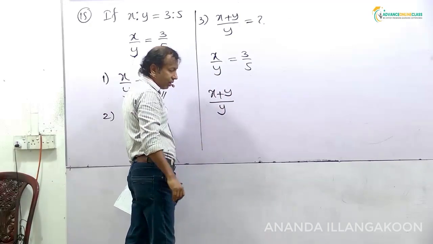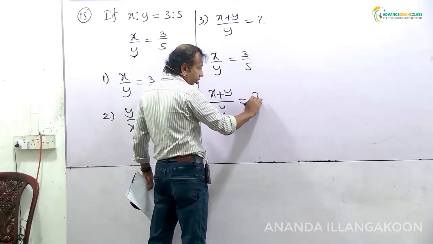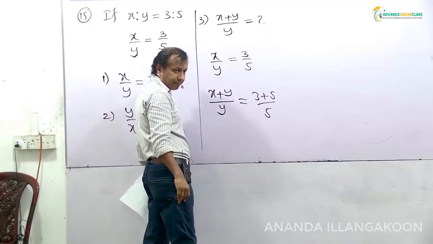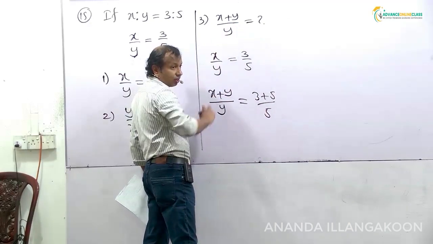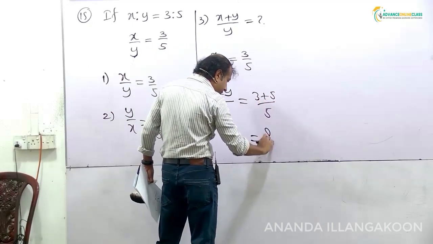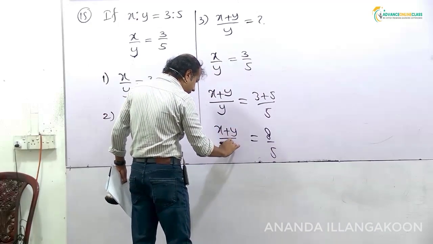Like this. Now apply the same thing to right hand side. What do you get there? 3 plus 5 divided by 5. Then we get what? Left hand side, x plus y over y. This one, that one, only asking the question. What's the answer of that then? 8 here by 5. 8 by 5, right? So this is the answer for that.